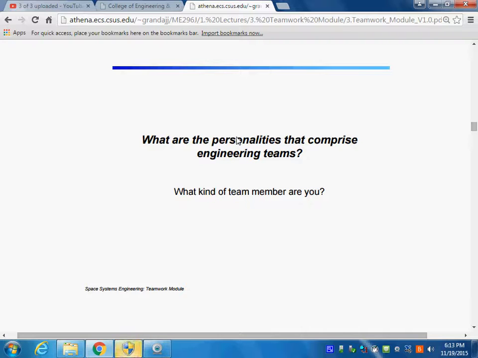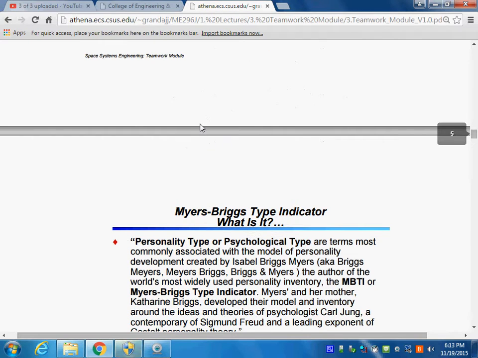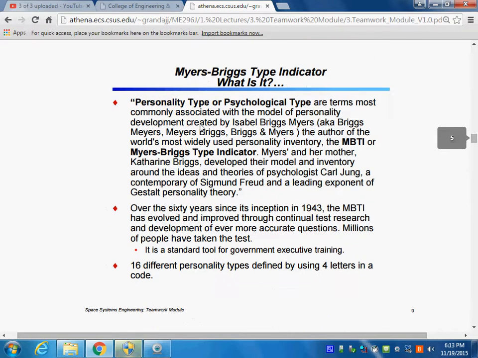Probably not. So what I'm going to suggest to you is that we take a personality type survey, in terms of the most common model of personality.